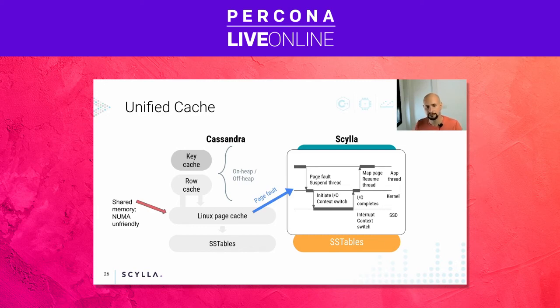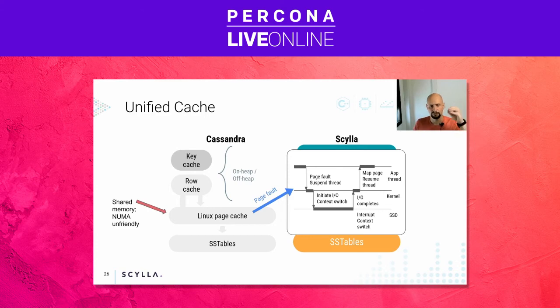This is what happens in Cassandra, for example, and Cassandra has its own application-specific caches for keys and rows and stuff like that, which are on-heap or off-heap because it's written in JVM. The reason I'm comparing Scylla with Cassandra is because the architecture is similar.